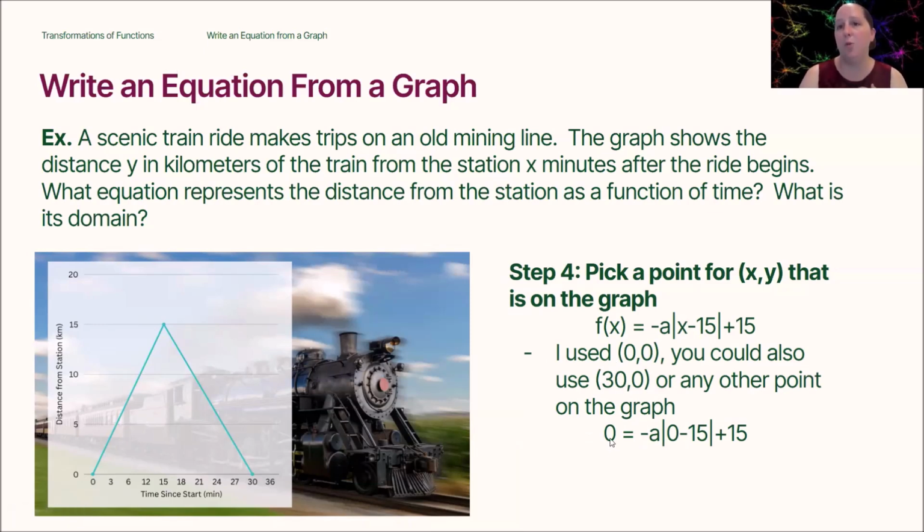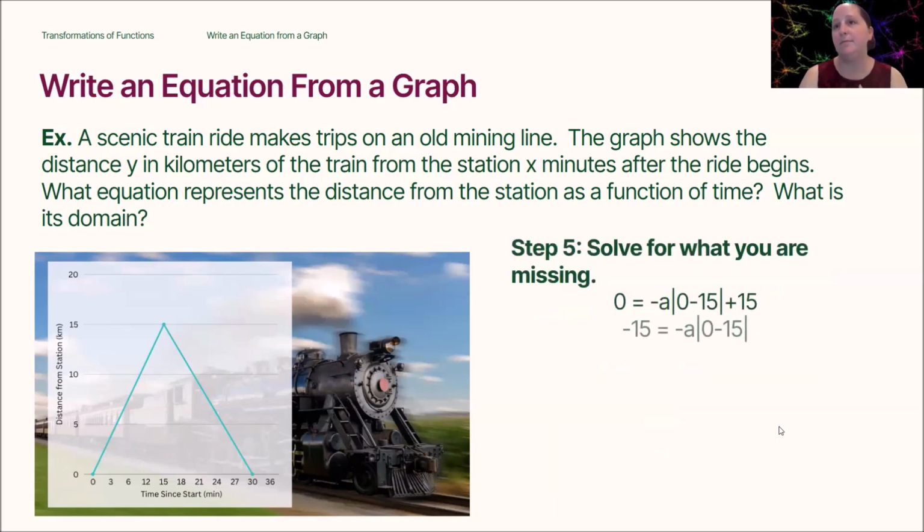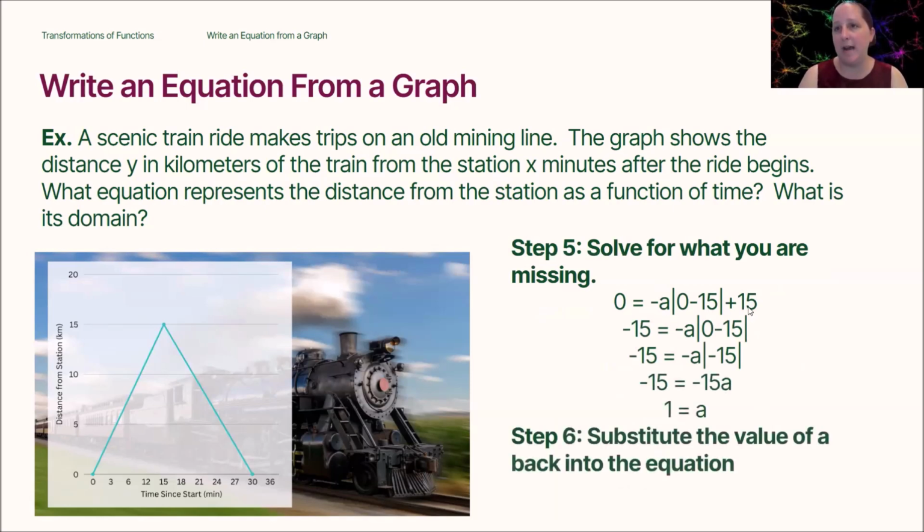So I put 0 in for y, or f of x, and I put 0 in for x. Now I'm solving for a. I'm going to add 15 to both sides. I'm going to simplify the absolute value. 0 minus 15 is negative 15.